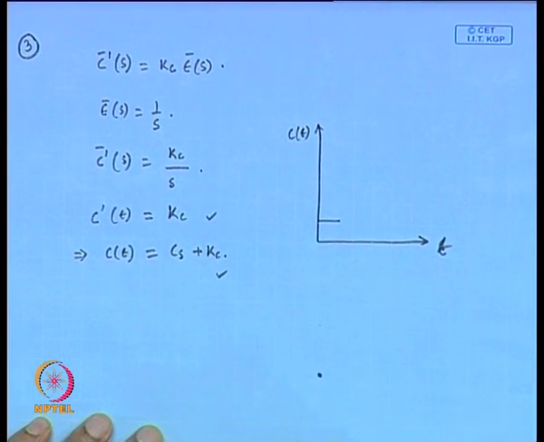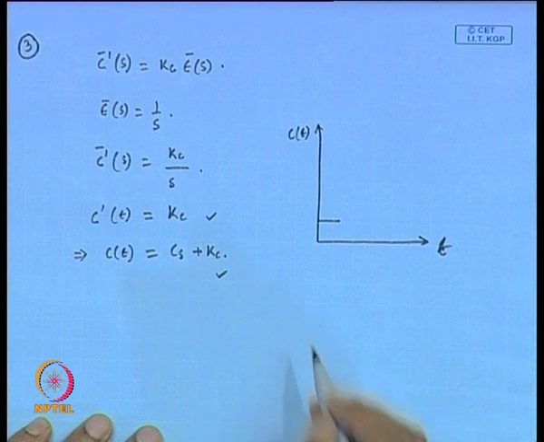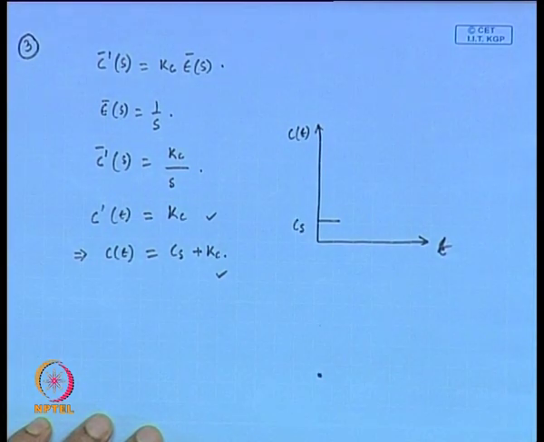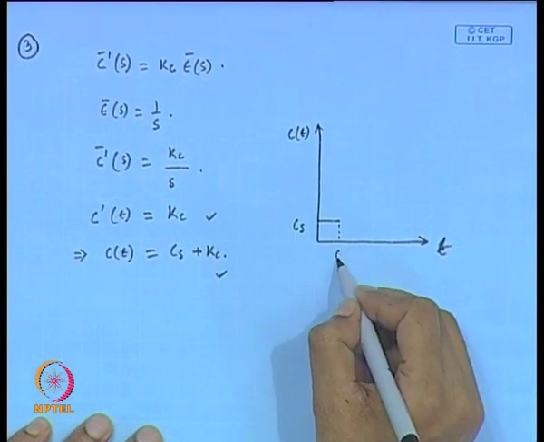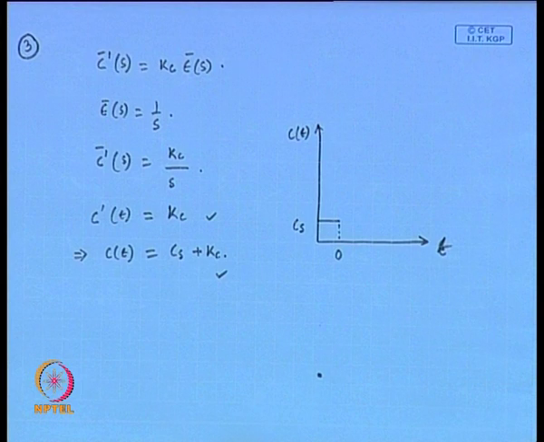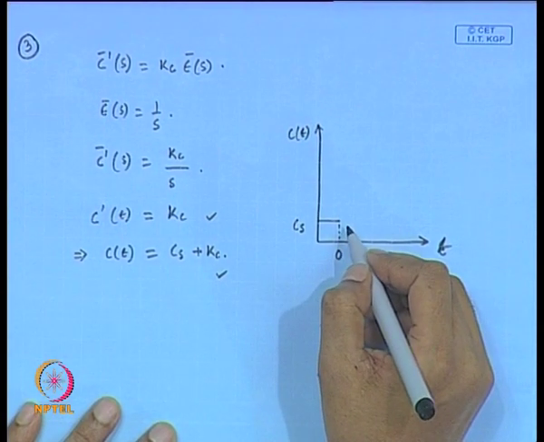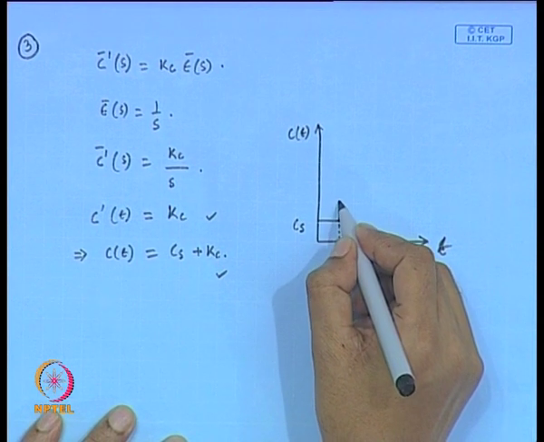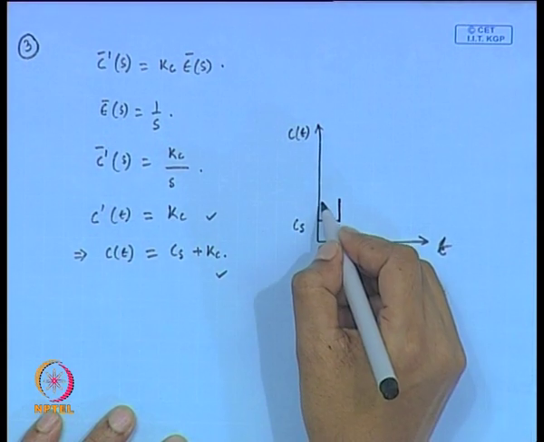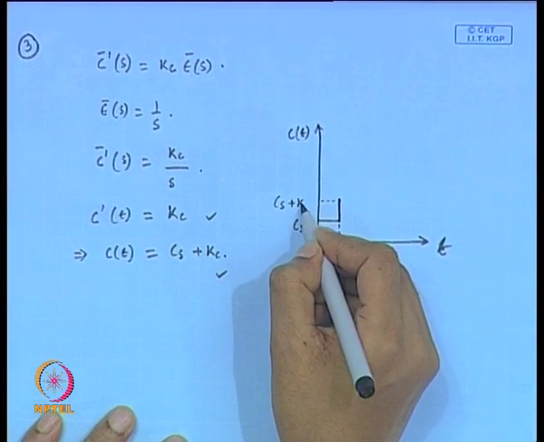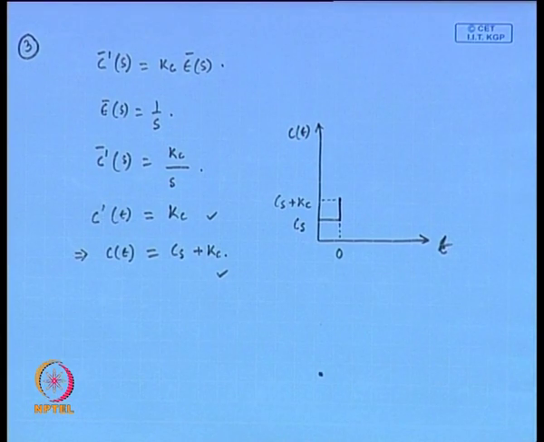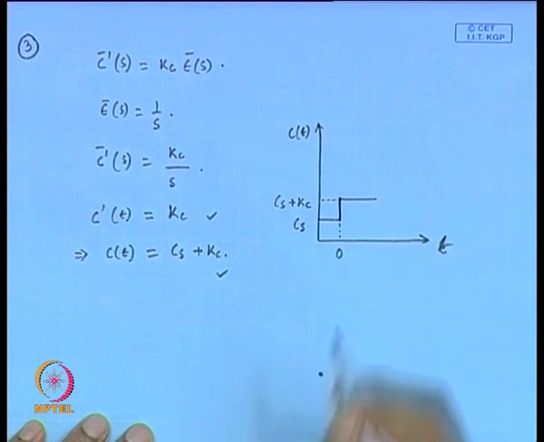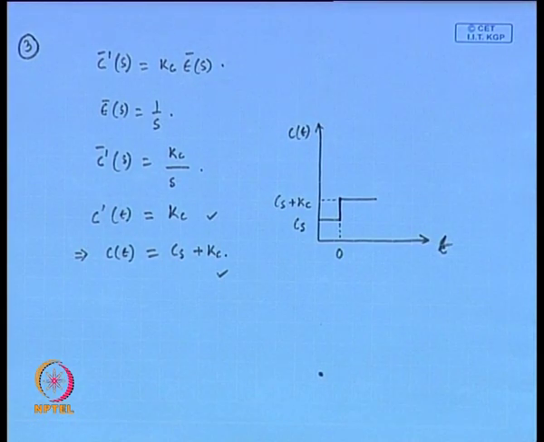Initially the controller has the value of Cs. Now, we are introducing a unit step change at time t equals 0. Then the controller output provides the value of Cs plus Kc. So, this is the controller behavior against a unit step change in the error signal.